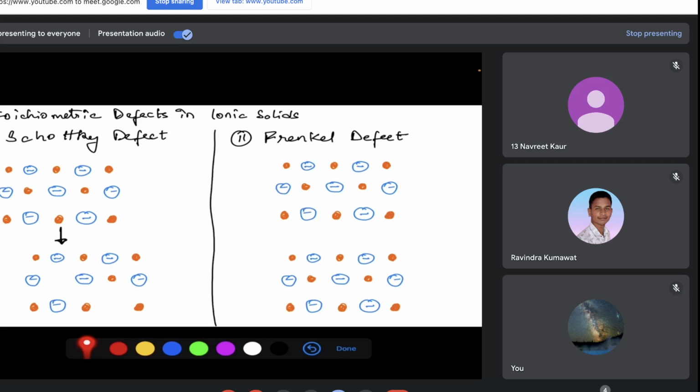This defect will look like this: say this cation has moved and gone to somewhere in between here, or here. So this is the Frenkel defect.